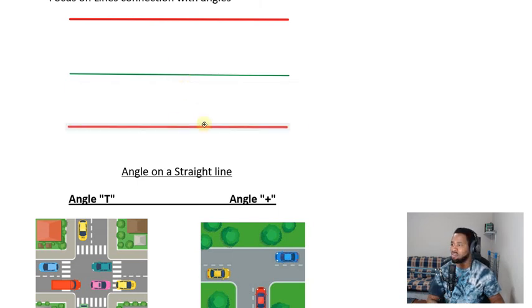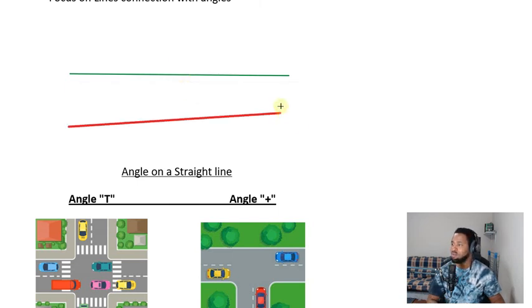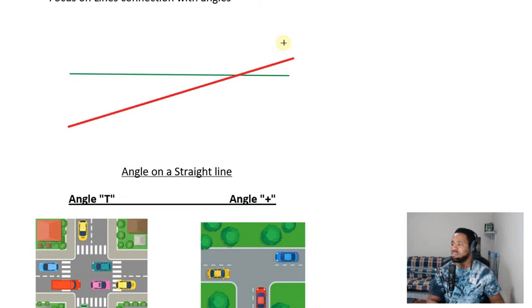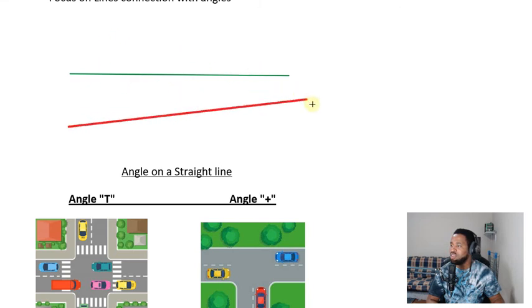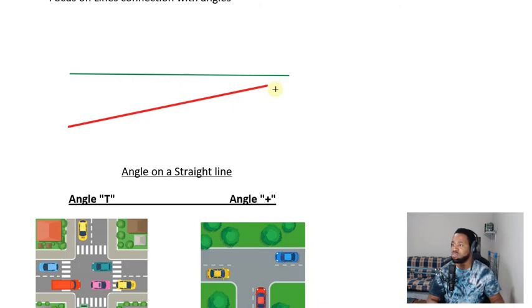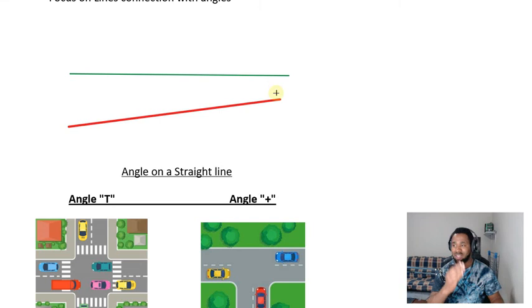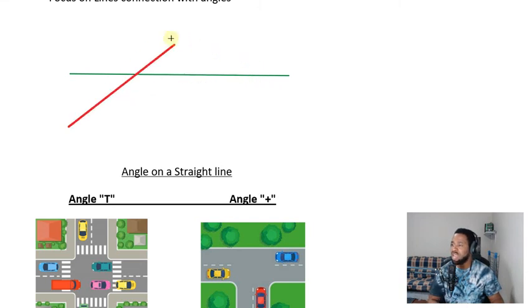So to do that, what I have to do is move the red line, rotate it, for it to touch the green line at a point, and again, another point, another point, another point. So the more I move this from right to left, or counterclockwise, which is opposite the clock movement, we see that the angle gets bigger and bigger.